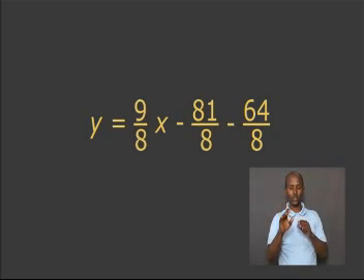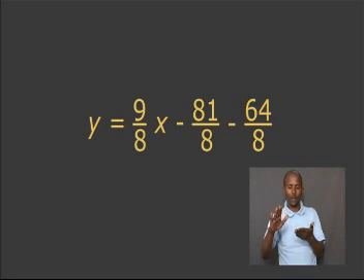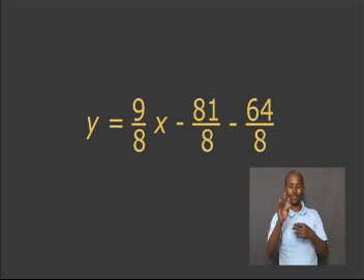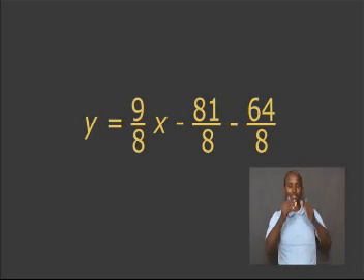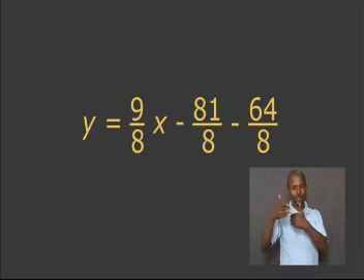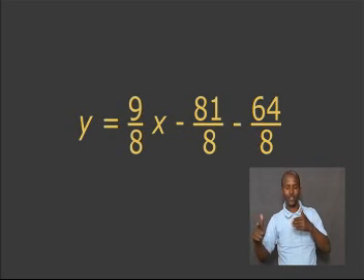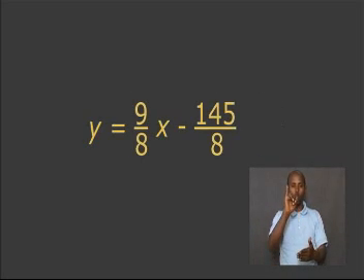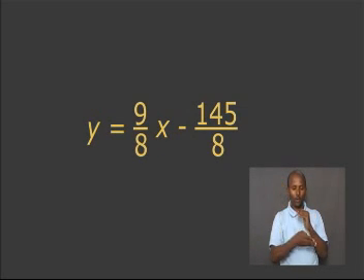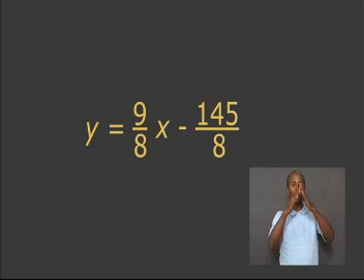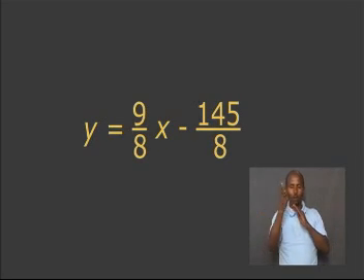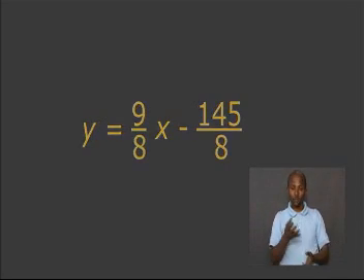To move the 8 over, we multiply it by 8 over 8 and subtract it from both sides. The equation of the tangent line is, therefore, y equals 9 over 8 x minus 145 over 8. If you had any difficulties, please ask your teacher to look over your work after the lesson.